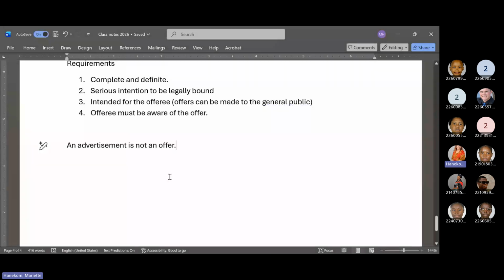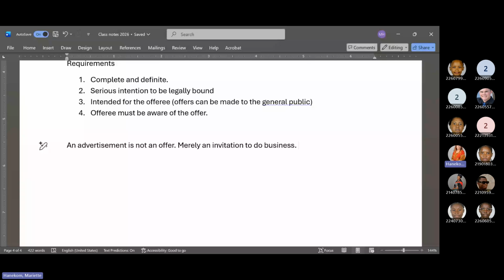An advertisement is merely an invitation to do business. So when you go into a shop to buy something, how it actually happens in law, you will probably not be aware of that, it is not the shopkeeper that is making the offer.